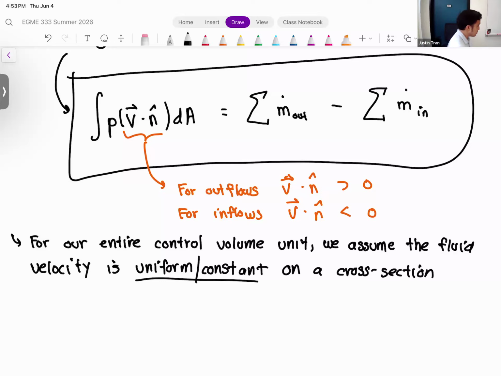So everywhere that we're looking at a velocity, we're assuming that the velocity is constant across the whole area. Okay. And that's just kind of for ease of calculations, right? Otherwise, you can do it for non-uniform velocities, but for now we are going to just assume that that's the case. Okay. But for situations, especially true for situations where viscosity plays a big role, this is not necessarily true.